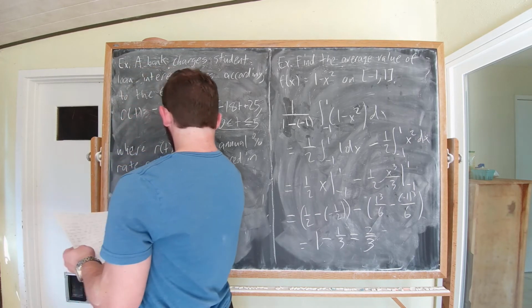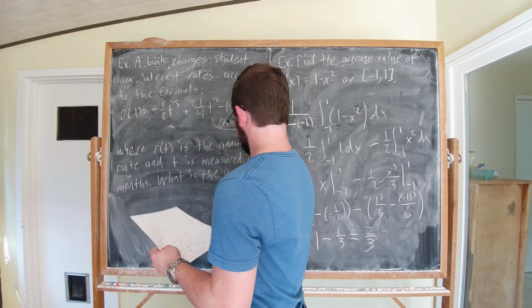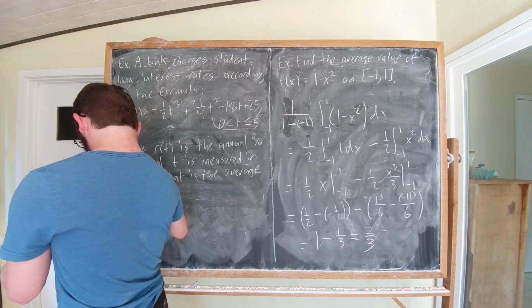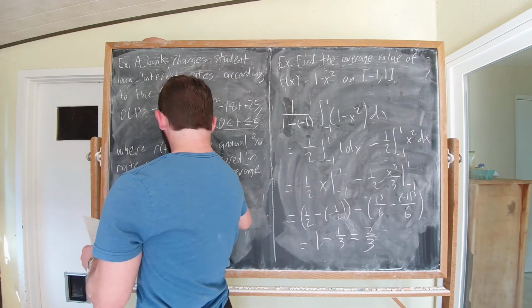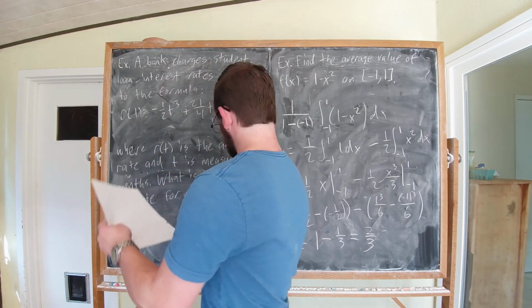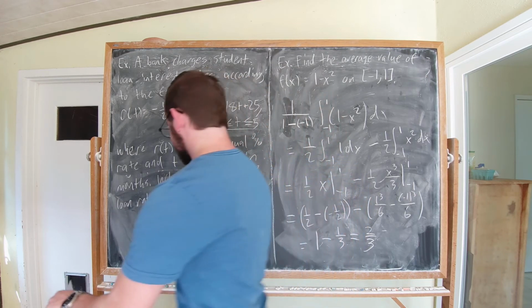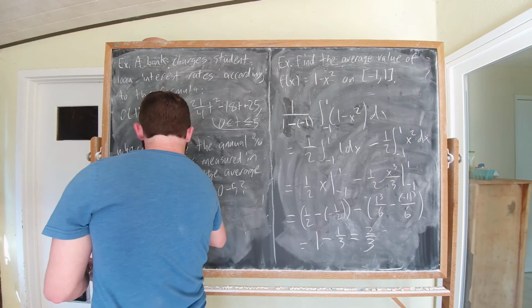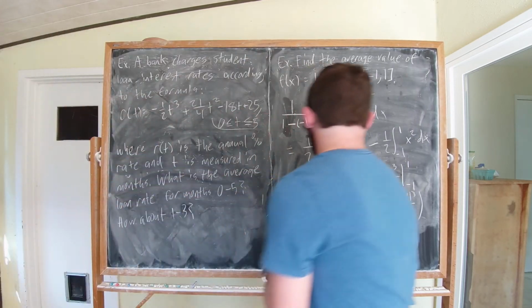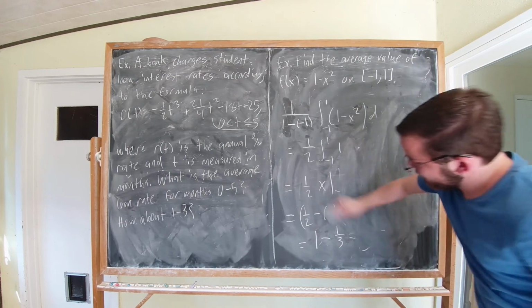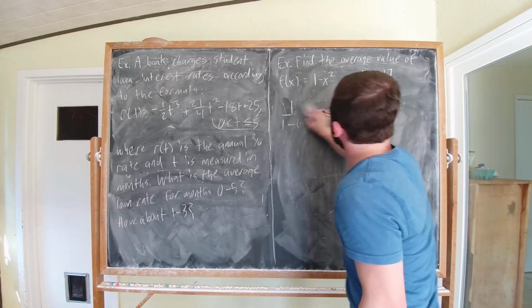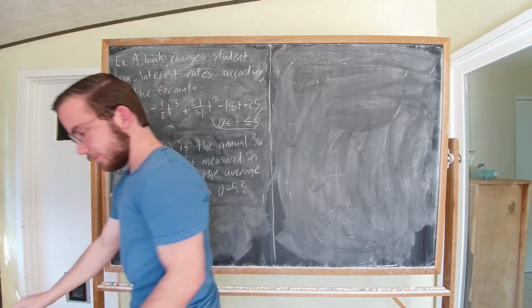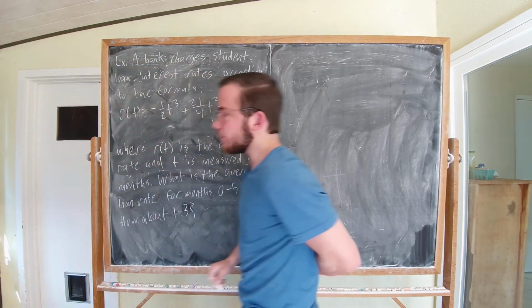What is the average loan rate for months 0 through 5? And then how about 1 through 3 as well?